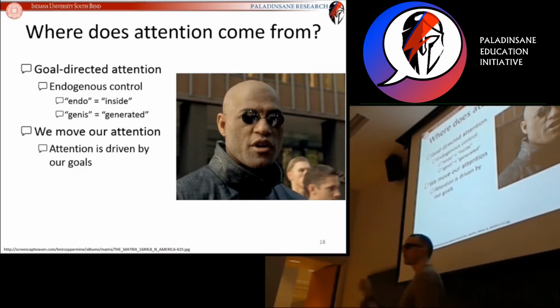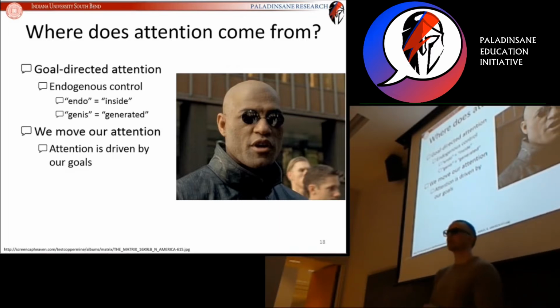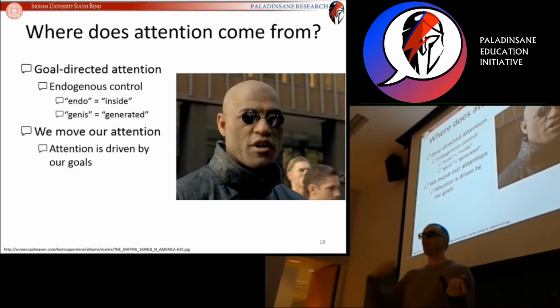So sometimes these two types of attention interfere with each other. If you're ever trying to study, but you're in a loud room where a TV is on, your exogenous attention is competing with your endogenous attention. Your endogenous attention is saying, I have an exam coming up, I need to study this book, I need to focus on the pages in this textbook.